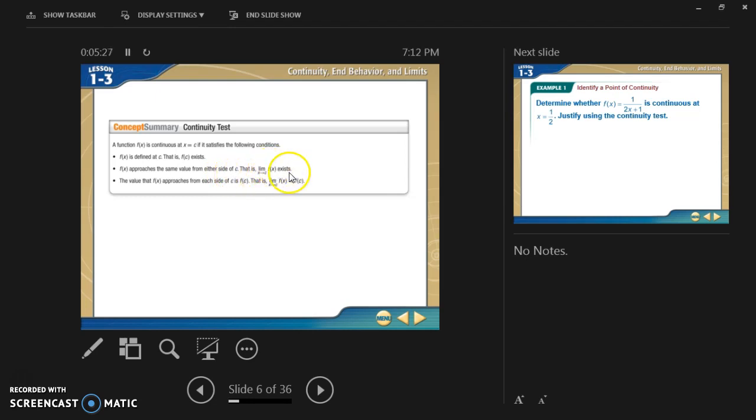In other words, the limit exists. And third, the value that f of x does approach has to be f of c. If the limit exists and it's equal to f of c, then the function is continuous. Those are the tests for continuity.